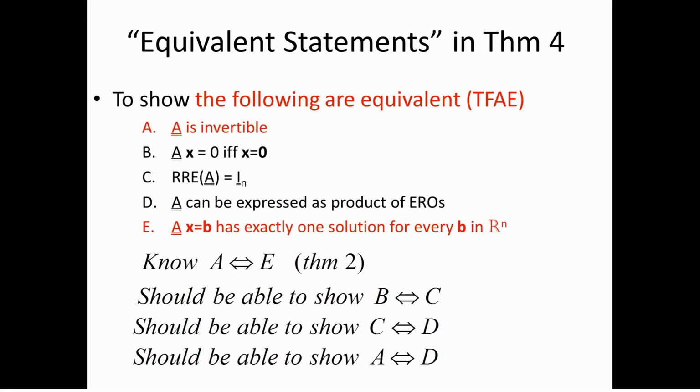And you should convince yourself that knowing all of these statements are true allows us to connect them up in such a way that every statement is connected to every other statement with an if and only if statement, and therefore all of them are equivalent. And these are things that you should show. You should prove all of these things except A if and only if E, since we already proved that.